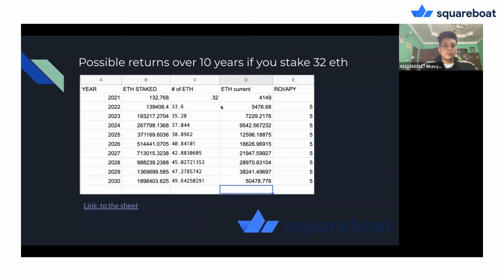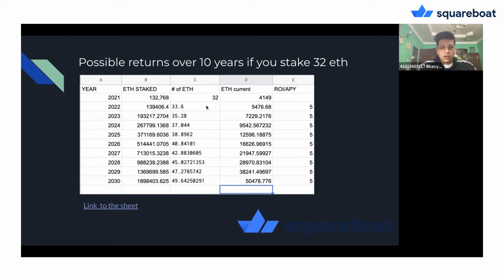I have done some calculations. Assume someone is staking 32 Ethereum, which in the current year is at an interest rate of 5%. So let's say you have staked 32 Ethereum, the value would be around $100,000.